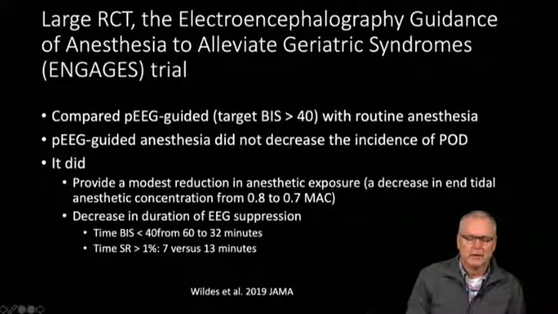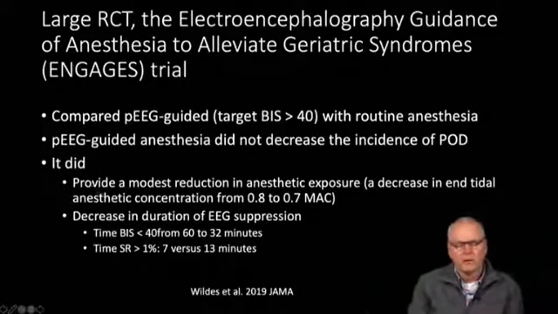And they found that the processed EEG-guided anesthesia did not decrease the incidence of postop delirium, but it did do a few other things. It led to a very modest 0.8 to 0.7 reduction in anesthetic exposure.